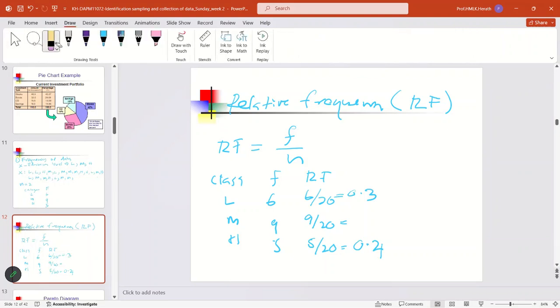This is 0.25. Sorry, I made a mistake. 0.25. Then this is 0.55. 0.45. And this would be the relative frequency. So these are the relative frequencies.